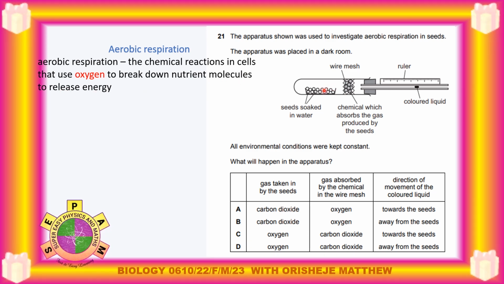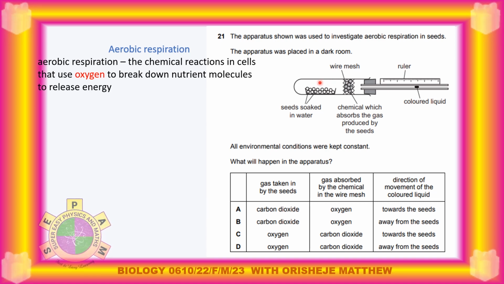So the food material stored in the seed will be broken down through aerobic respiration, making use of oxygen. So the quantity of oxygen inside this test tube is going to reduce.